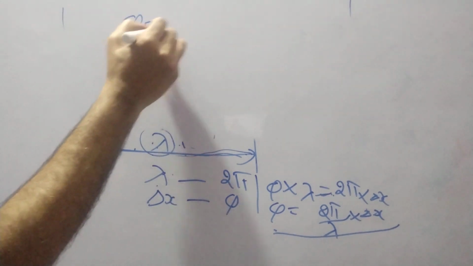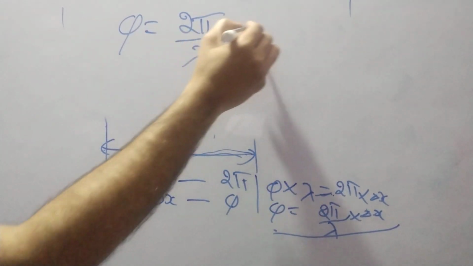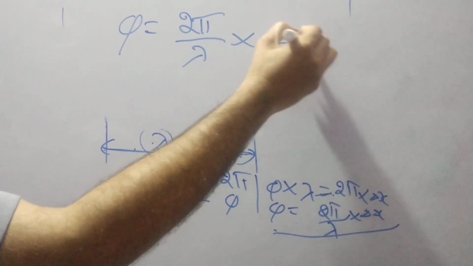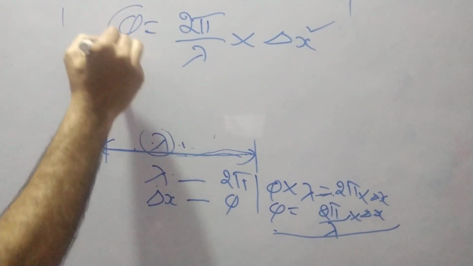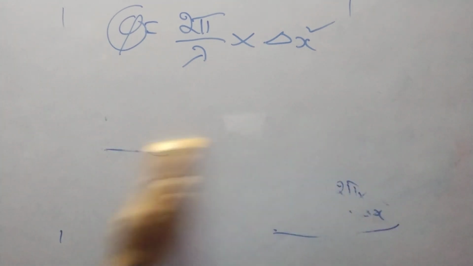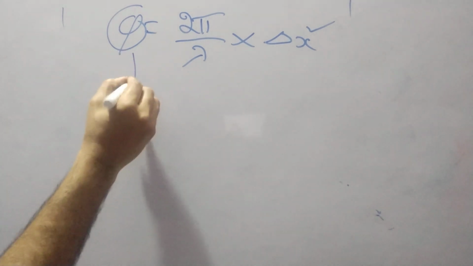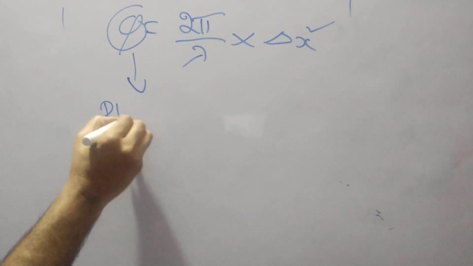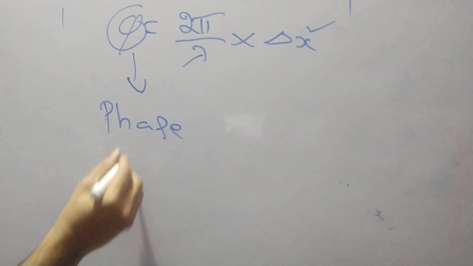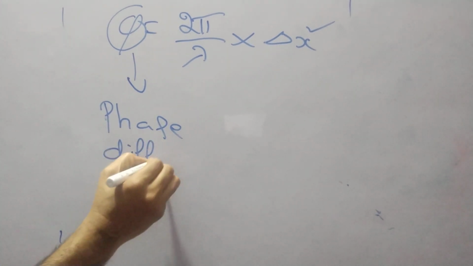Phi equal to 2 pi by lambda into delta x. So this is the phase difference.